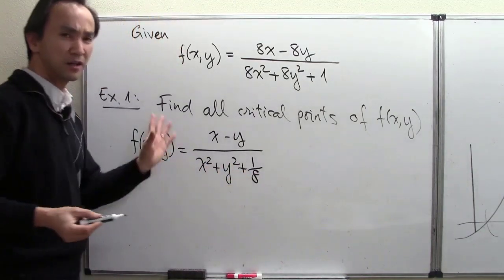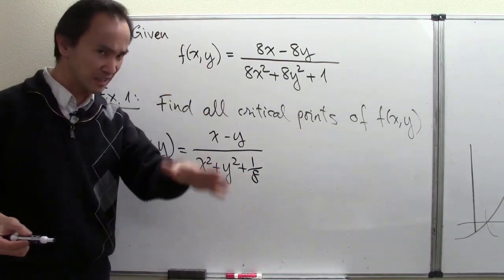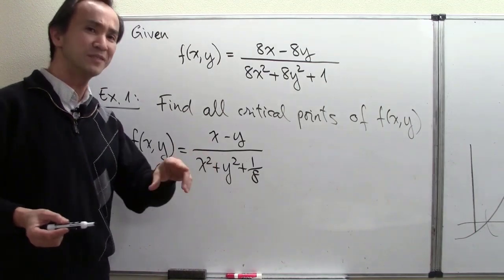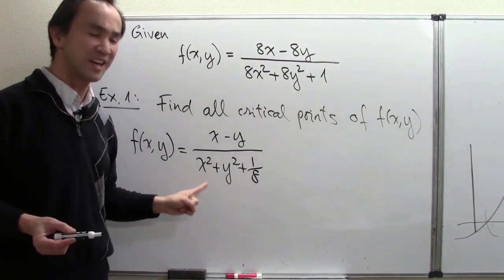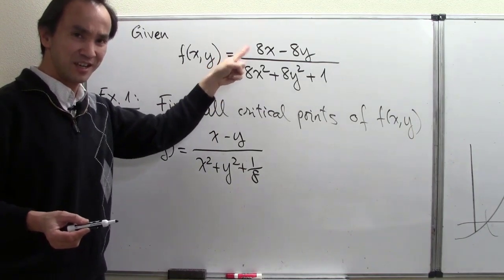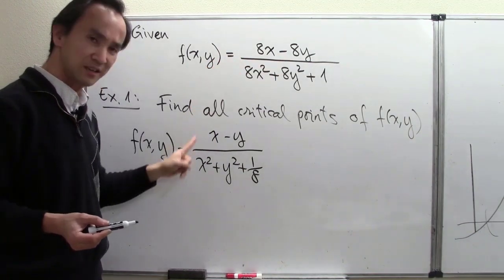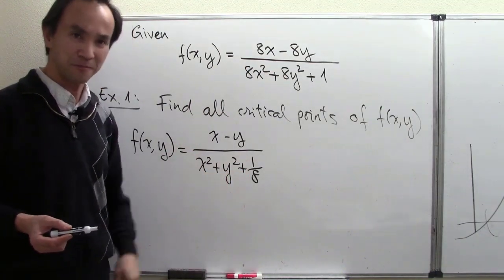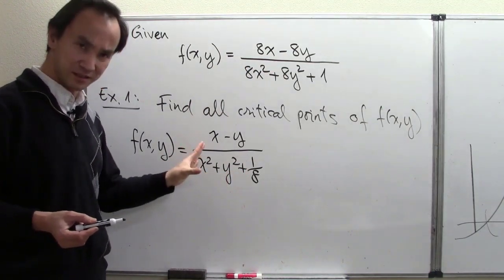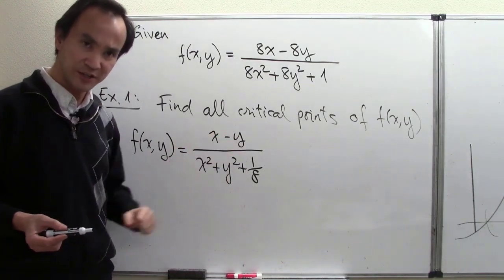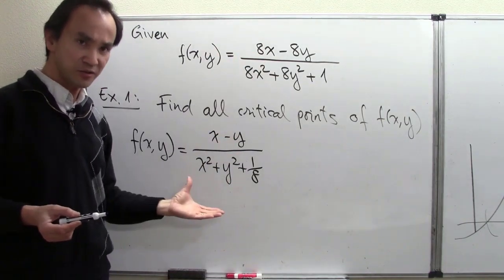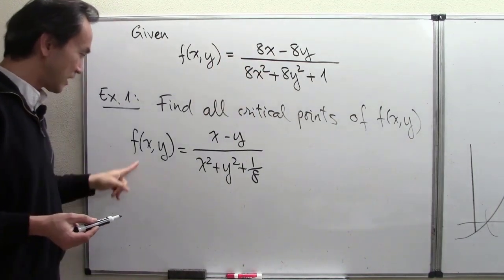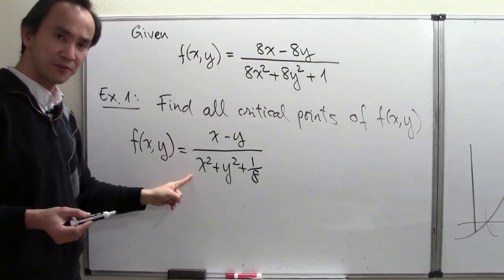Since you are at a multivariable calculus level, I assume your algebra is fluent enough to see how I got from this to that, with a little factor 1/8 in the denominator. Doing this will make the later work a lot easier, and it's exactly the same function. It's just a matter of canceling that common factor 8 away. So I rewrote the function into this form.